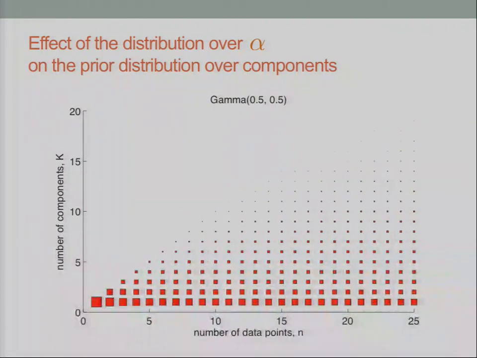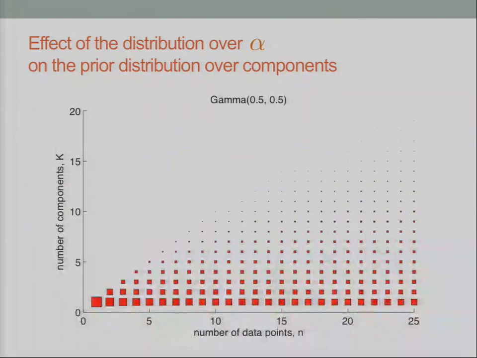So here I'm showing the number of components versus the number of data points. The size of these squares tells you the probability of that combination. If you have 20 data points, then having one component has this much probability mass, having two components has this much probability mass, and so on.